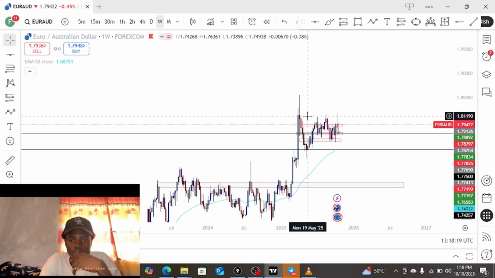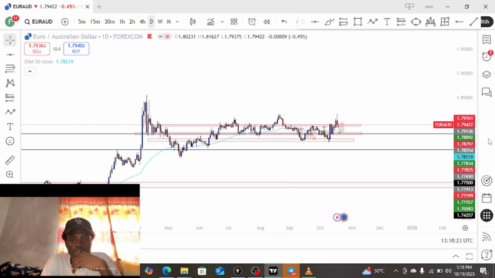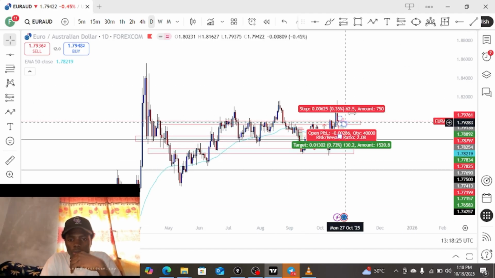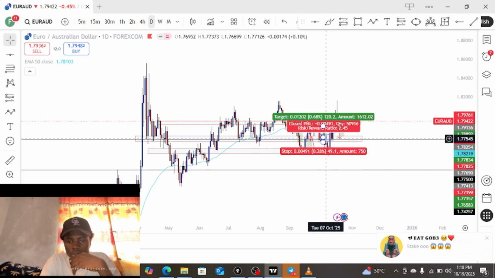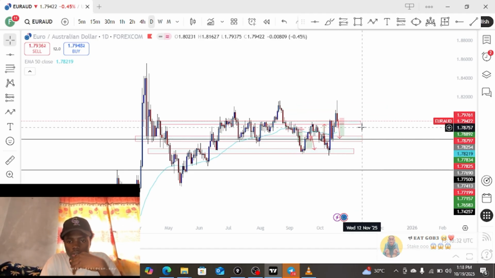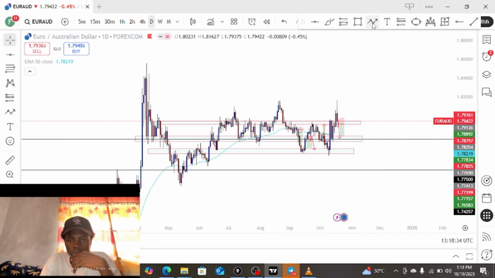It's also higher low on the weekly. The daily is also bullish. Daily is also higher low. Check this out.